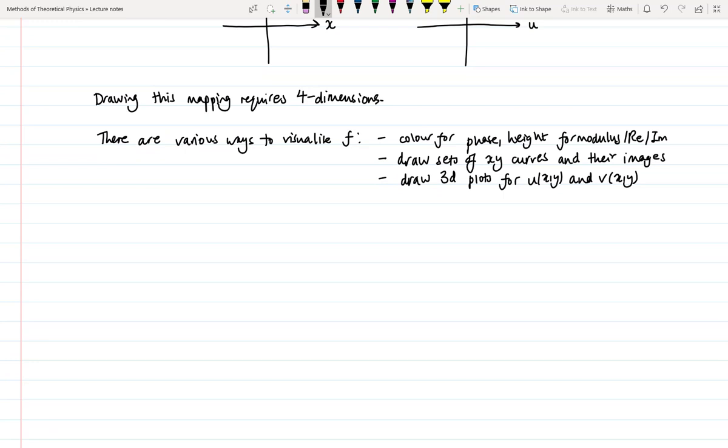In topic 2, we looked at notions like limits and continuity. And so notions such as limits and continuity, these are the same for complex functions.